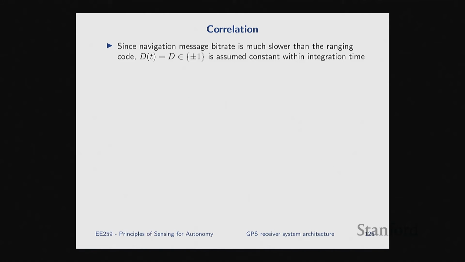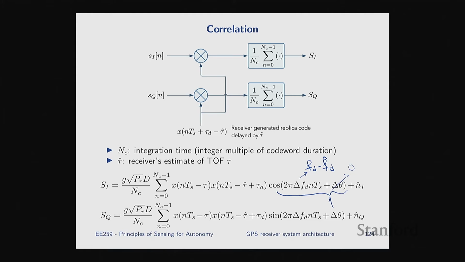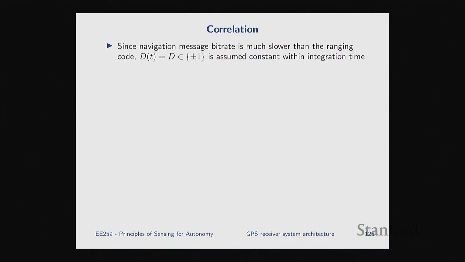So just to summarize, again, we are assuming d of t is equal to either plus or minus 1. So we assume it constant in the time scales of the correlation. And to maximize this, what we call S_I output, two things need to happen.